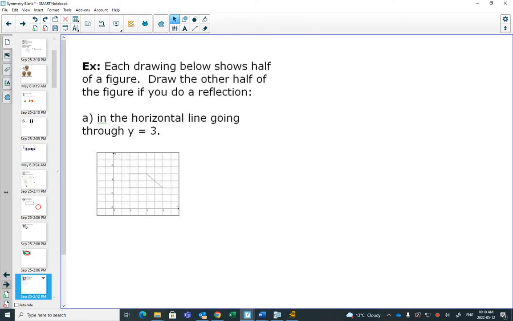All right, so now we have this shape here. It's pretty light. Does it show up on yours pretty good? There it is in blue. Okay?